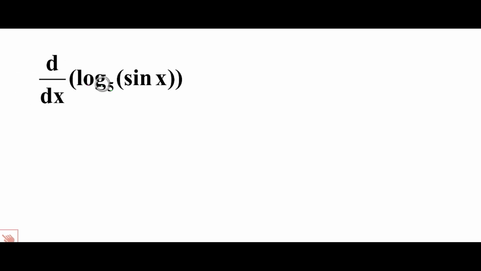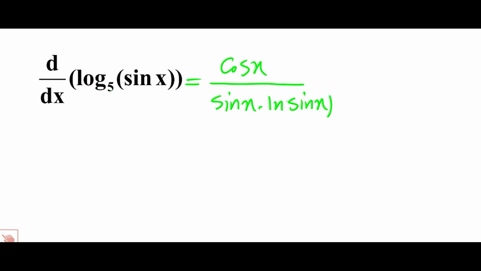The derivative of log base 5 of sine of x is equal to, u prime means the derivative of sine of x is cosine of x, over sine of x times ln of 5. That's it.